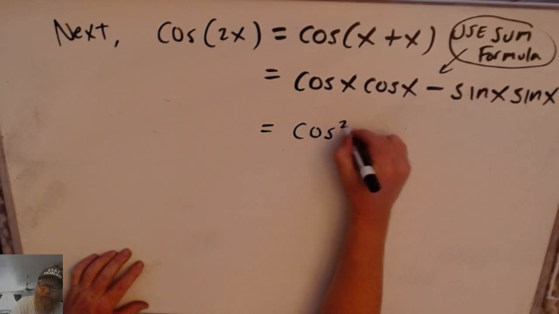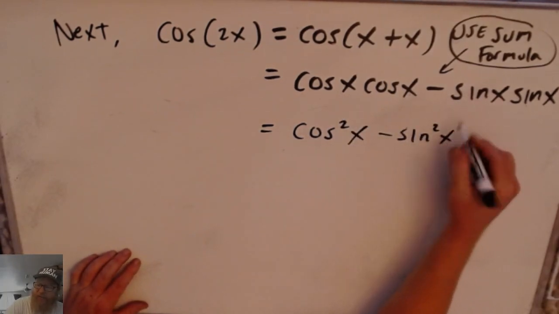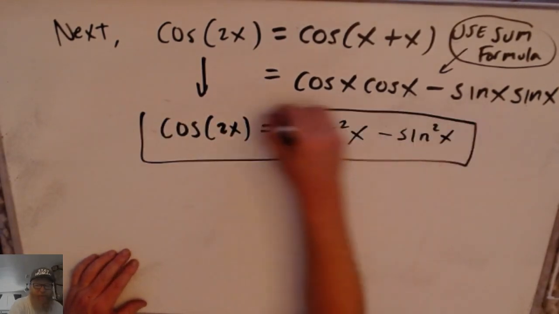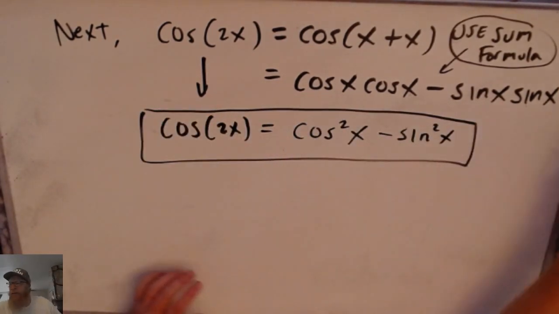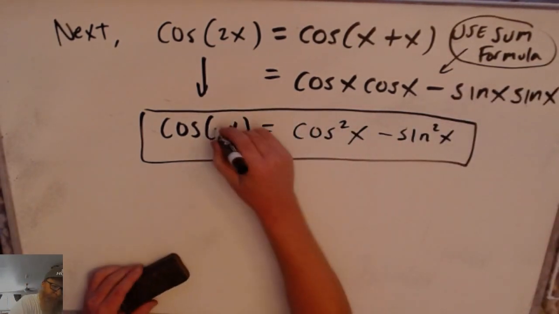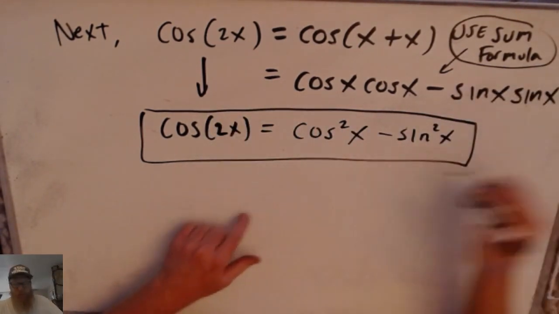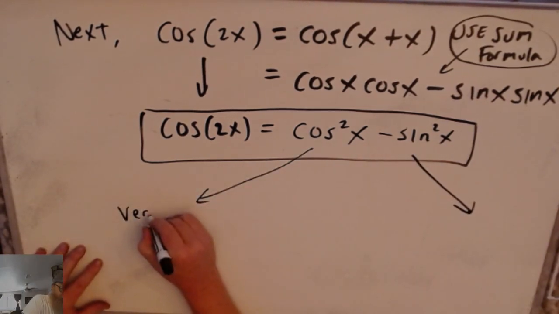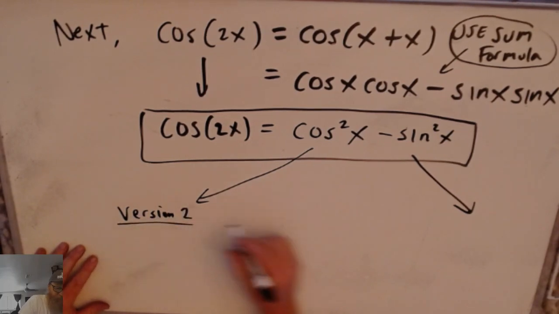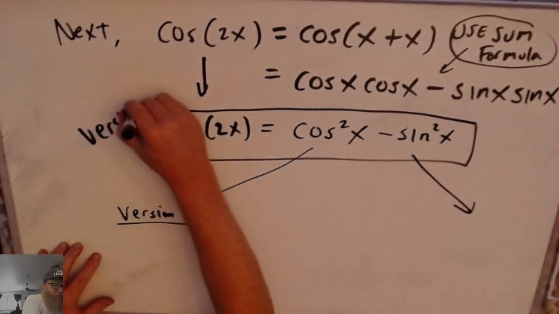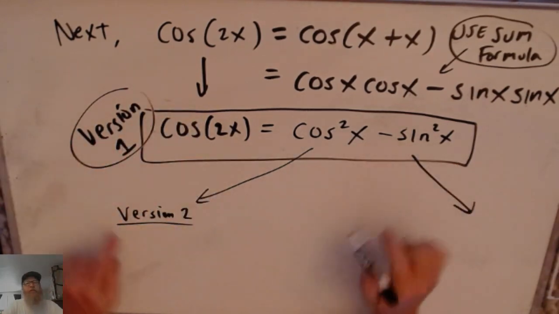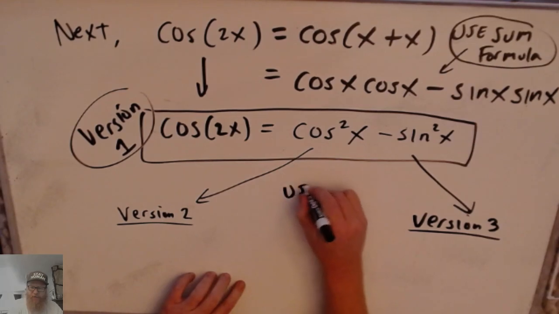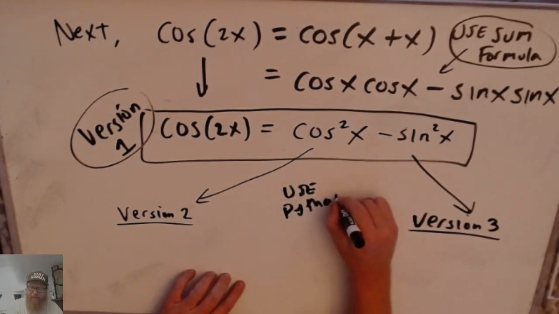So here you go, cosine squared minus sine squared. This one has two alternate versions. So you have the original version, and then you have these alternate versions by using the Pythagorean identity.